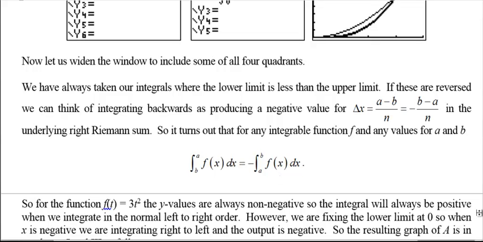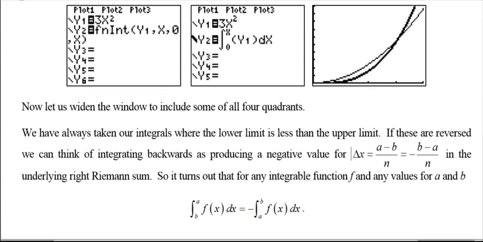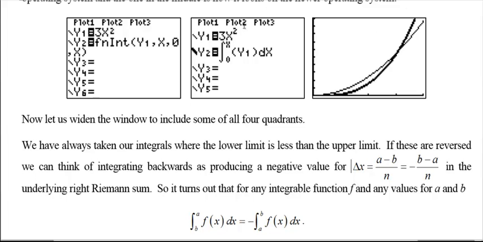Now think about this particular example here. When we know what 3x squared is going to look like, it's just going to be a mirror image of this lighter graph over the y-axis, so the y's are always positive, or in one case 0. And so the integral from left to right of any piece of this is going to be positive. But we're integrating where the lower number is always 0.